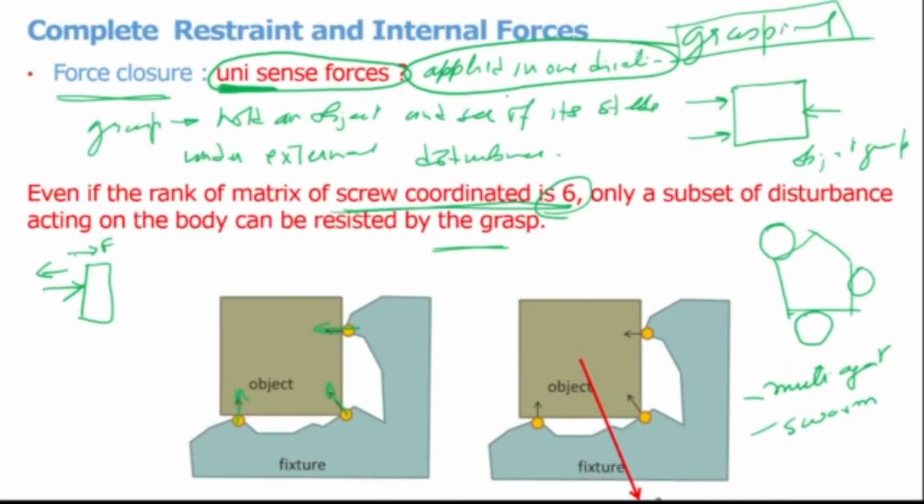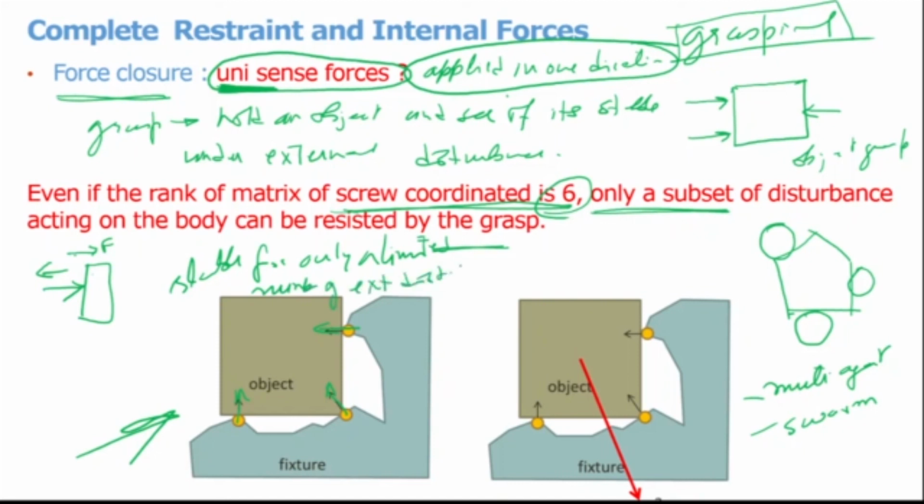So even if the rank is 6, only a subset of disturbances acting on the body can be resisted by the grasp. This means that in this left side figure, this grasp in a way is not stable. It is stable only for a limited number of disturbances, a limited number of external disturbance forces.